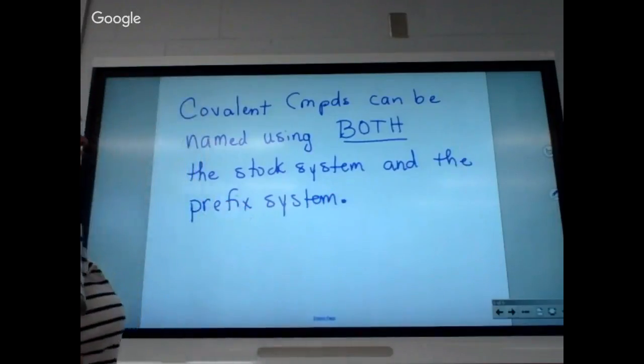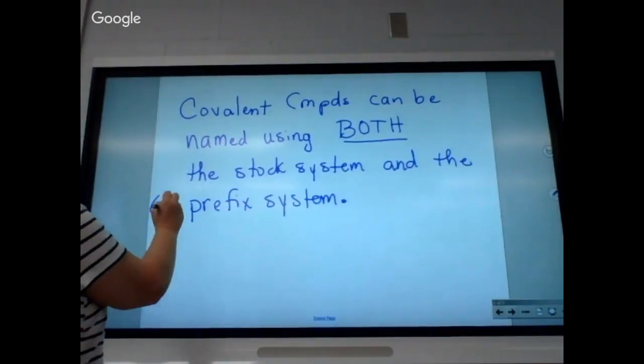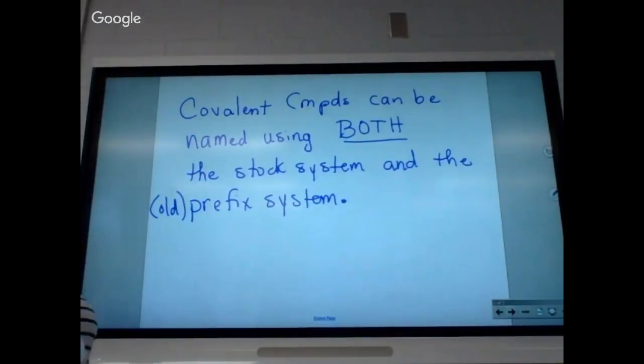Okay? The prefix system is also sometimes referred to as the old system because it's the older system of the two. All right?